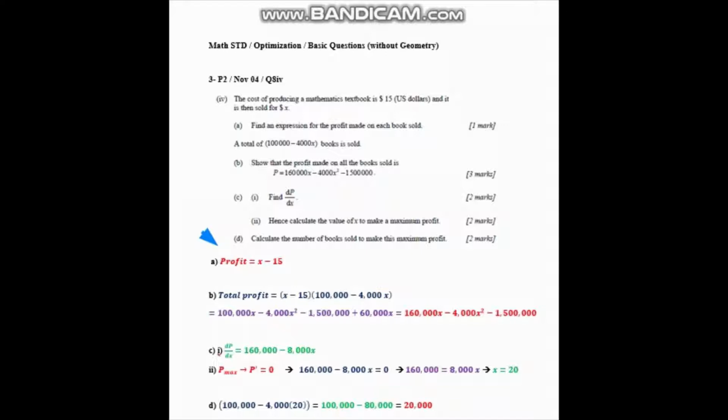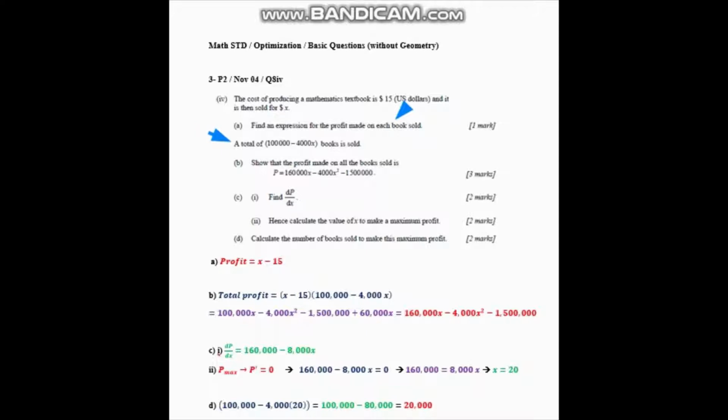In question B, we are told that a total of 100,000 minus 4,000 X books is sold. Show that the profit made on all the books sold is this expression. So I want the total profit, which of course shall equal the profit made on one book multiplied by the number of books that I shall sell.